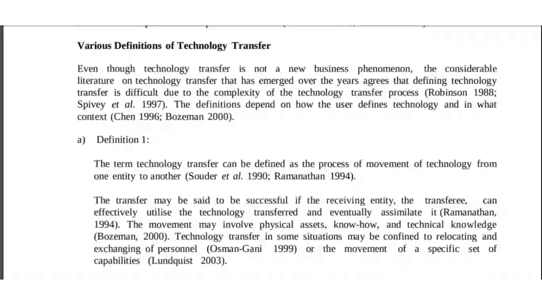So the movement may involve physical assets, know-how, and technology knowledge. I think we have said earlier that technology transfer may happen in different forms. It may be the physical component, a physical product, or maybe a service that is impacting people directly.